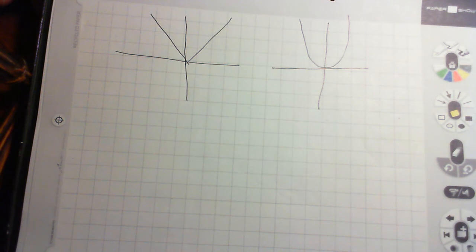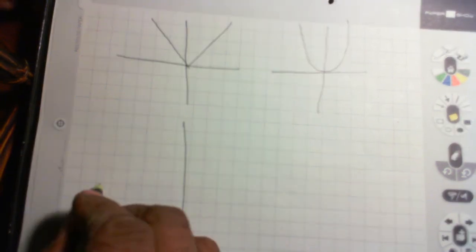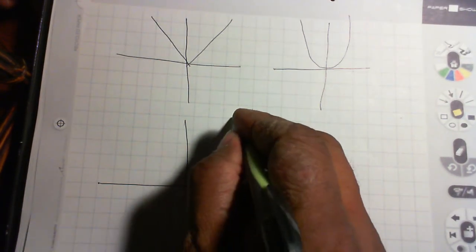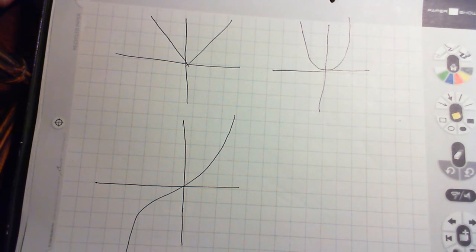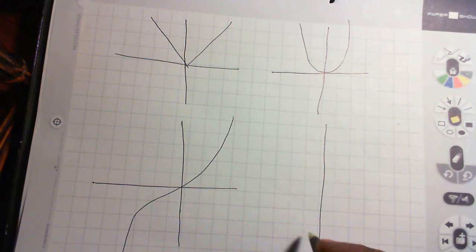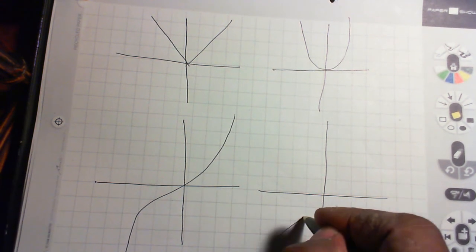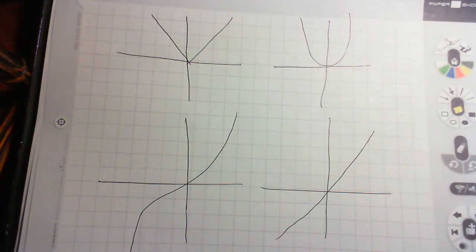This one is x cubed, if you remember those. Of course, this is y equals x. These are reference graphs. So you can shift them to be able to sketch other graphs.